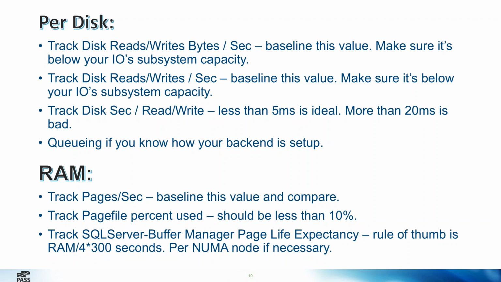And for the page life expectancy, the usual rule of thumb I use is you divide the RAM by 4 and multiply that by 300. Don't do just the 300 like we used to do back in the SQL 2000 days, because that's too low for the amount of RAM that we have nowadays. And if you have a server with multiple NUMA nodes, do this per NUMA node to make sure that everything looks good.